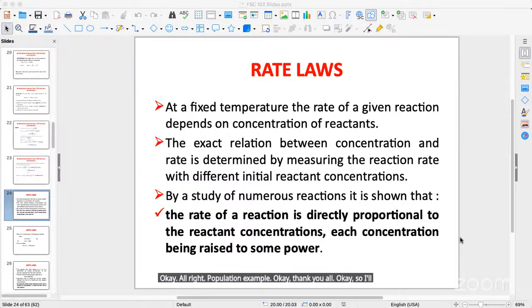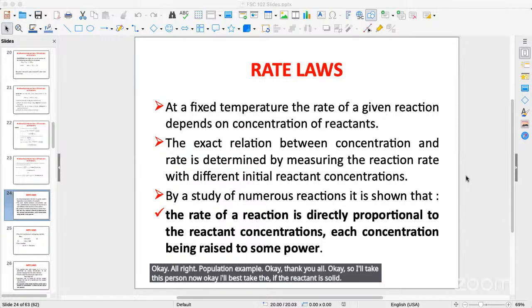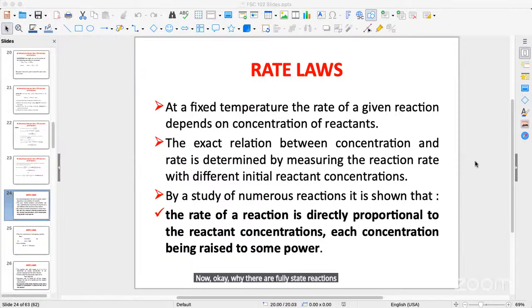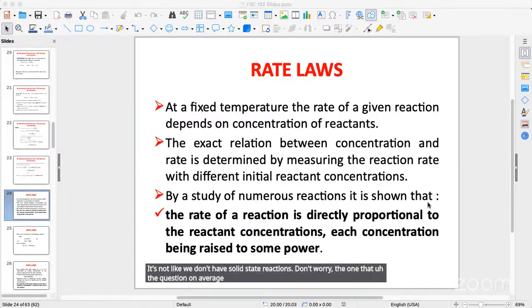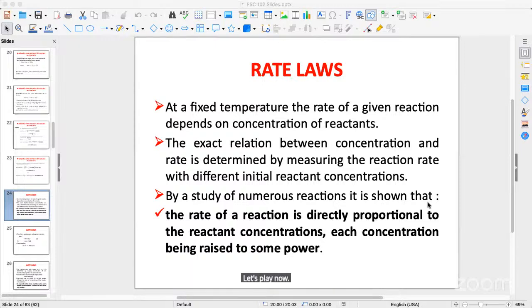Now, I'll first take if the reactant is solid. Why there are solid state reactions, which is very rare, really. It's not like we don't have solid state reactions. I'm taking, don't worry, the question on average and instantaneous, I'm coming. The simpler the questions, the easier it's going to be to explain. Now, you see, your reactions are in solutions here.